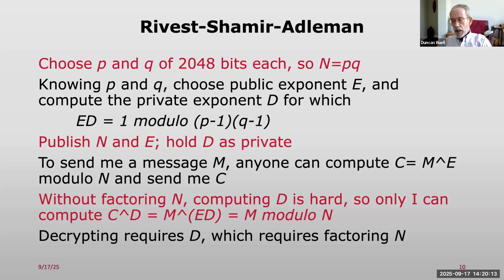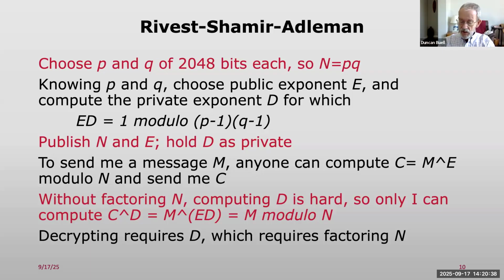you choose a public exponent E, which is a number modulo n, and you compute the private exponent D, for which E times D is congruent to 1 modulo P minus 1 times Q minus 1. So the length of the cycle is P minus 1 times Q minus 1.